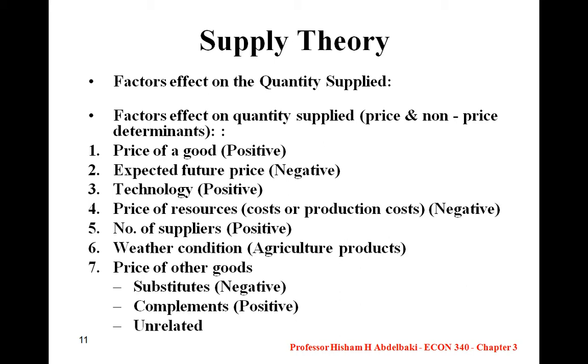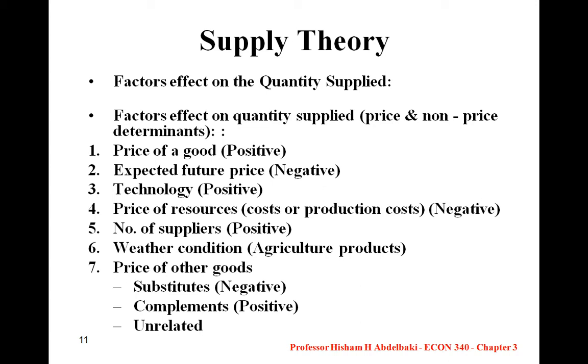Fourth is the price of resources. You are a seller, so you are a producer, so you have to buy inputs and pay for these inputs. If the price of inputs increases, your production cost will increase, so your profit will decrease. So if the price of resources or inputs increases, your supply will decrease.